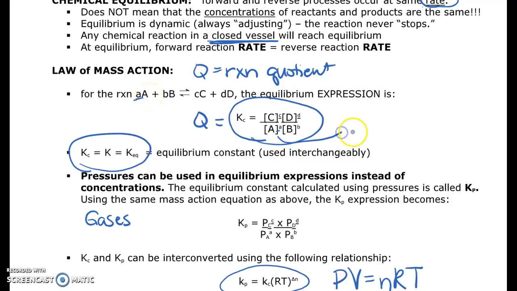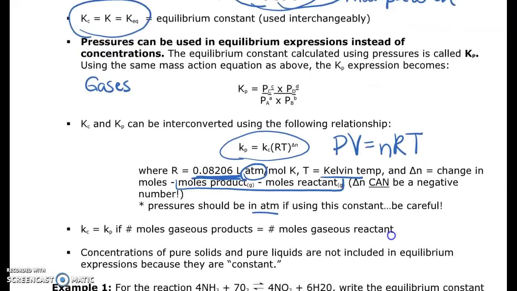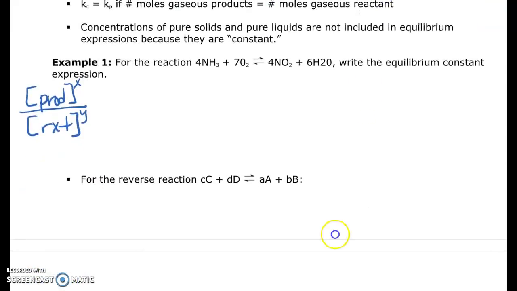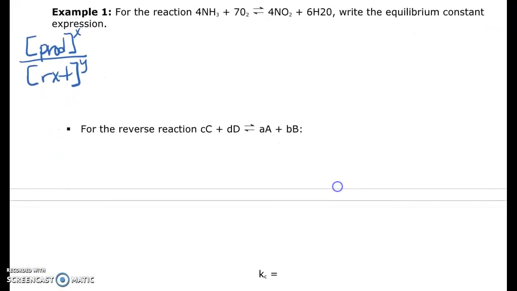I also want to point out that this is multiplication, not addition. So even though things appear to be added in a balanced chemical equation, when you're dealing with an equilibrium expression or a reaction quotient, which are written the same way, you are going to eventually be multiplying those if you actually have numbers to use. Okay, so back to this example.